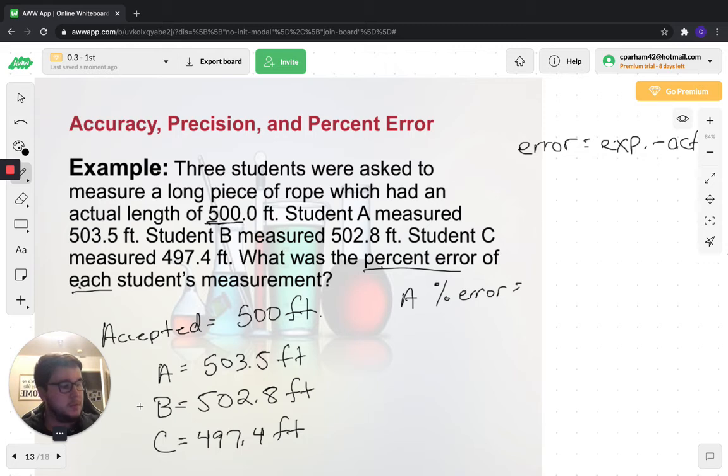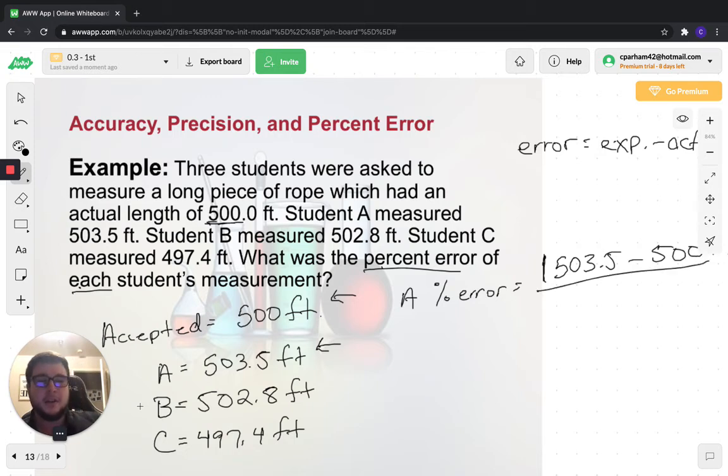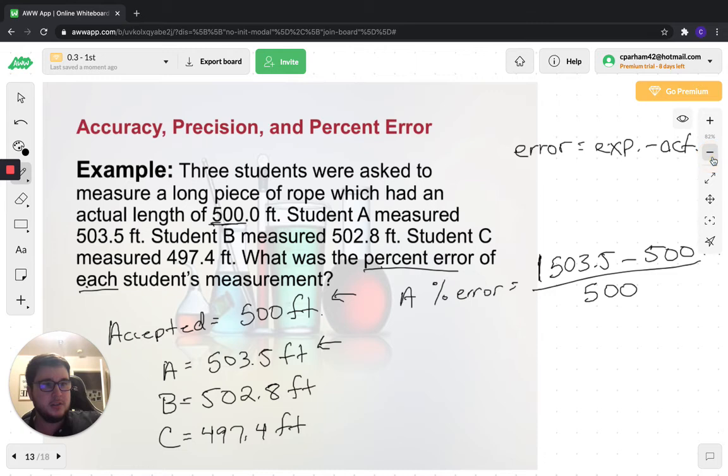So my formula for the percent error for student A would be the absolute value of experimental, so experimental for A is 503.5 minus the actual, which is this 500 feet, and then all divided by my actual. So all divided by 500 feet again. Okay, and let me actually zoom out here just a touch so you can see what I'm writing.